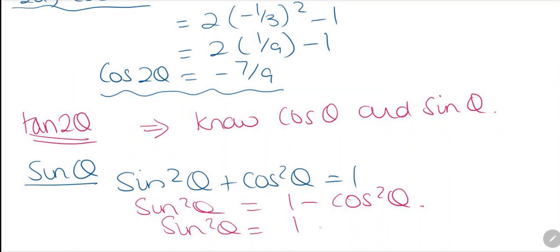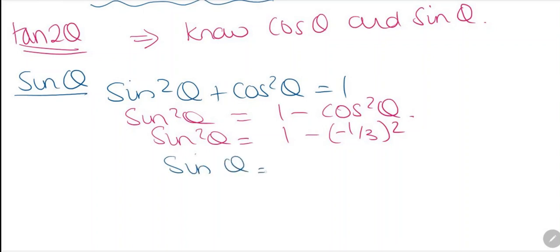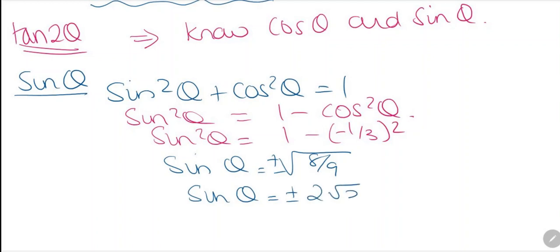If we substitute in the value that we know, which is minus a third, squared, sine of theta is going to be the square root of 8/9, plus or minus. This simplifies further to root 8 over 3, and we can simplify that to 2 root 2 over 3.